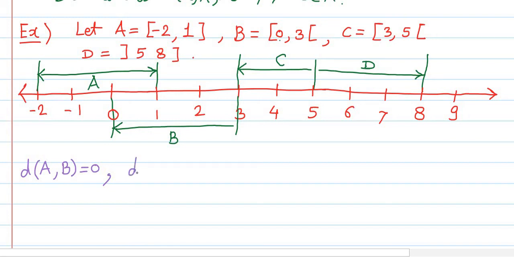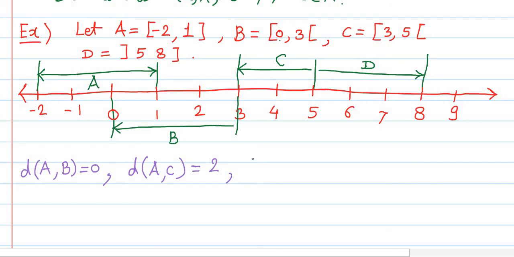Next one, if we consider the distance between sets A and C, then the sets A and C do not have any point in common, and it is clear that the distance between sets A and C is the distance between 1 and 3, which is obviously equal to 2. So the distance between sets A and C is 2.